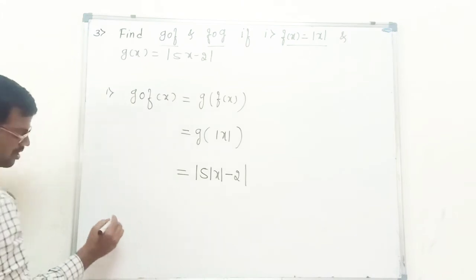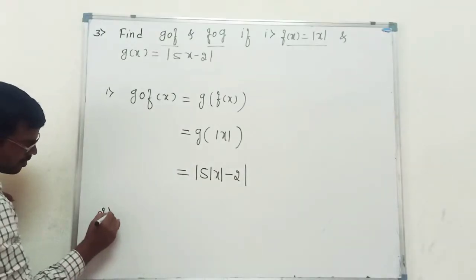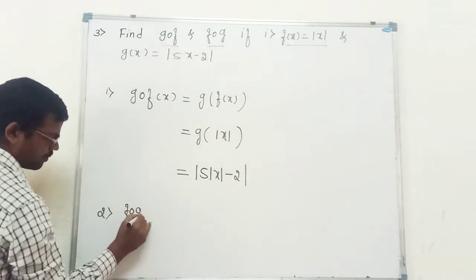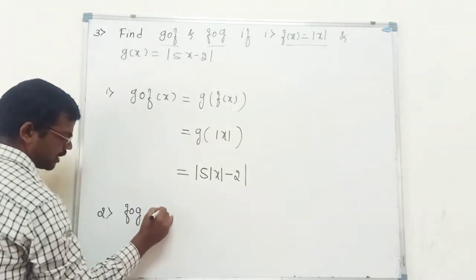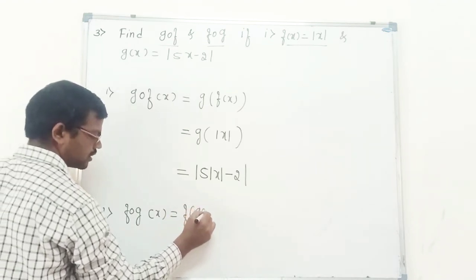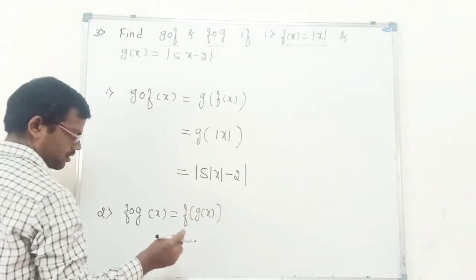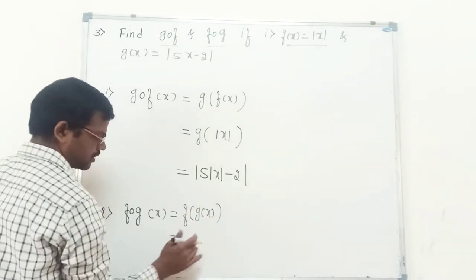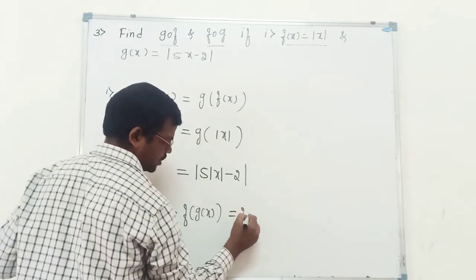Next we come to the second one. What is the second one? F composition g of x is equal to, by the definition, f of g of x. What is the definition of g of x?